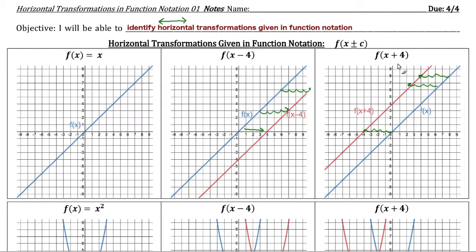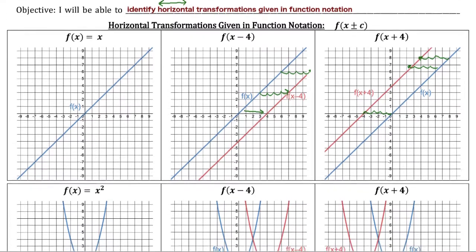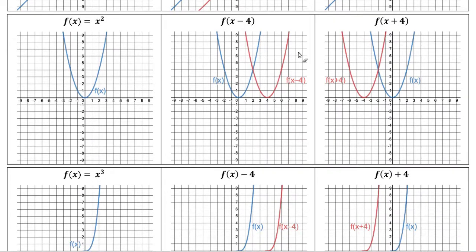And when we think of plus 4, we think of right 4 on the number line. But as you can tell, when you subtract 4 from x, you're actually moving to the right 4. We can get into why that is later, but for now, just know that. So it says minus 4, so instead of moving left, we're actually translating right.